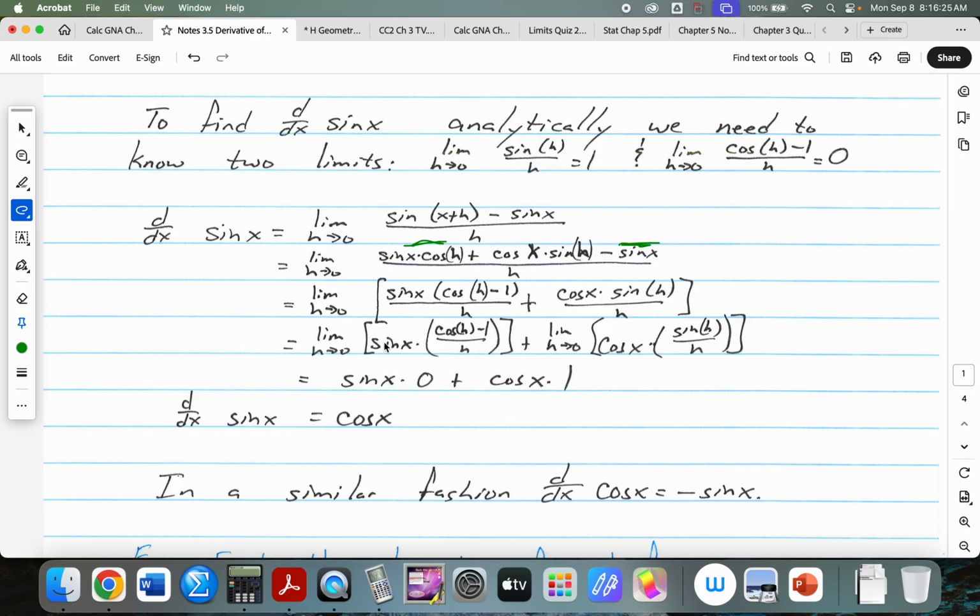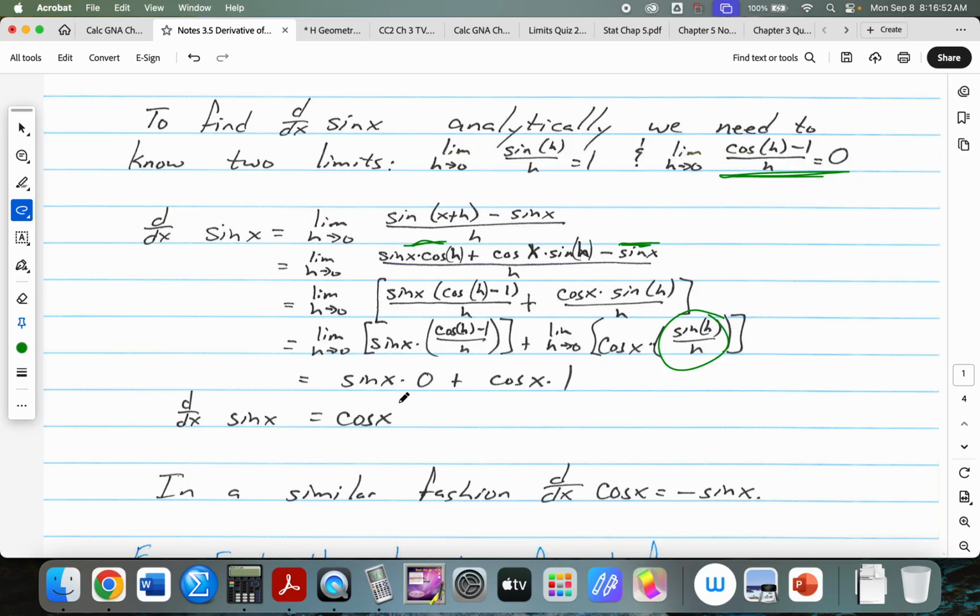So what we end up with is the limit as h goes to 0 of sine of x times cosine h minus 1 over h, plus the limit as h goes to 0 of cosine of x times sine of h over h. We recognize that one as being 1, and I just told you a moment ago that the other limit goes to 0, so we end up with just cosine.